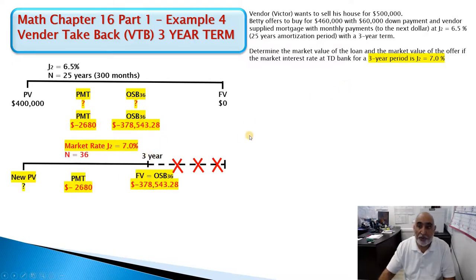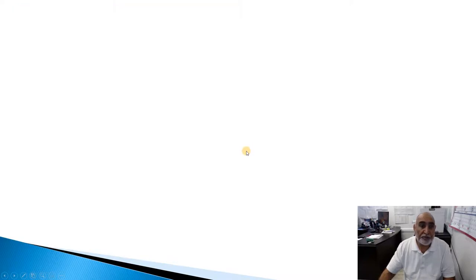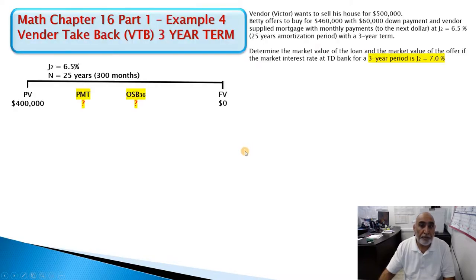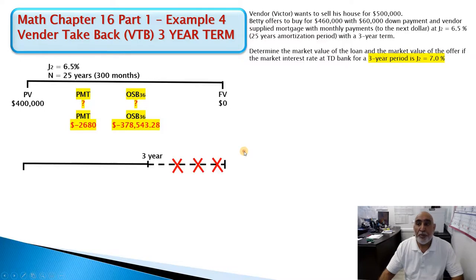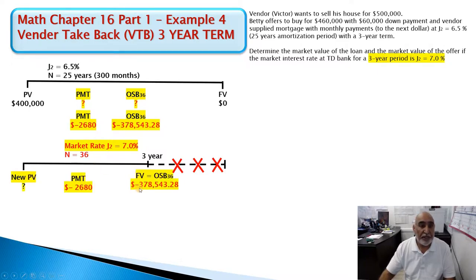So from this, we draw a timeline diagram. We bring in the market rate, which is 7%, and the time period is 36 months. And from this diagram, we bring in the payment and the OSB 36, which is your FV. Now it's time to find the new PV.